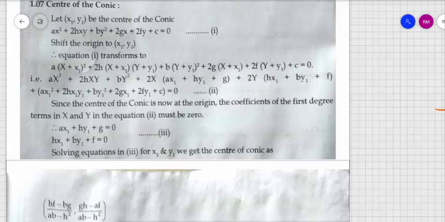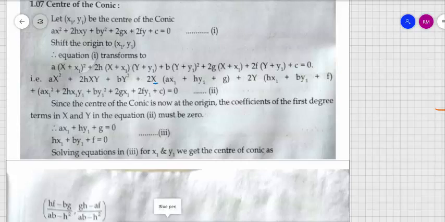As per our discussion, that conic has such a type that the xy term vanishes. So the coefficient of x and y, its term must be 0. What is the coefficient of x?